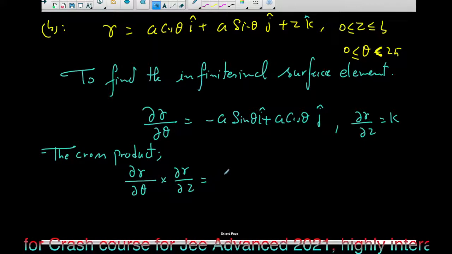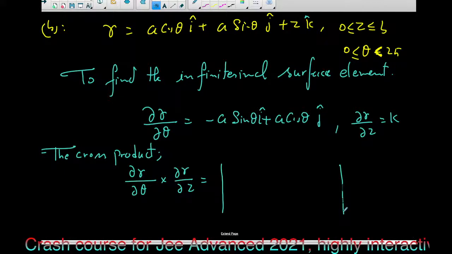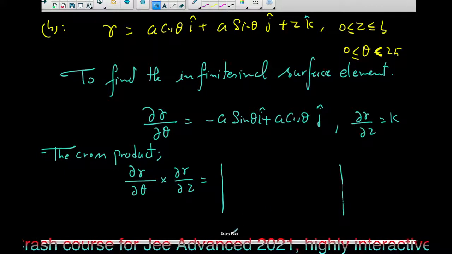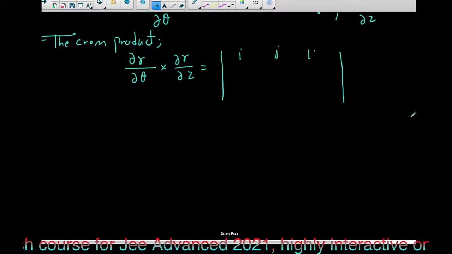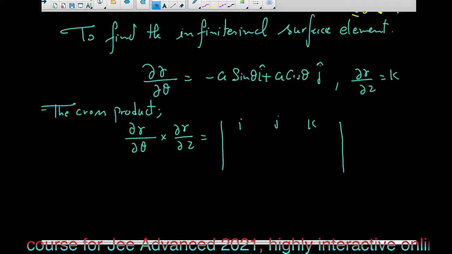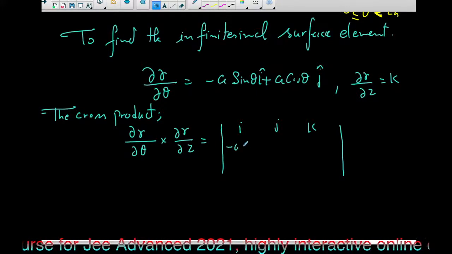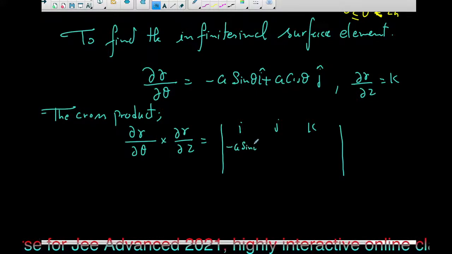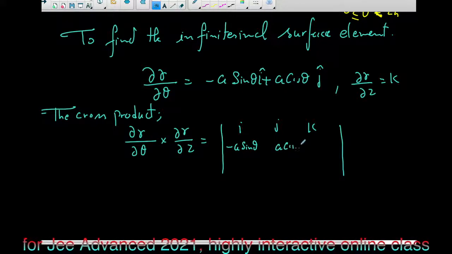That's the same analogy. Just go ahead, using that determinant, find. You just please calculate i, j, k, correct? Same. What do you say here? Are you getting? Yes, sir.